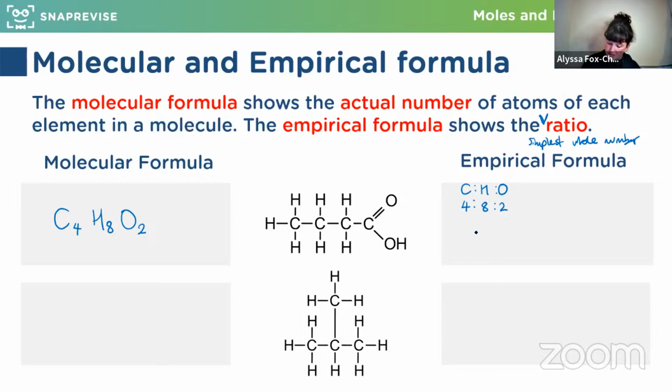The simplest ratio is 2 to 4 to 1. So the simplest whole number ratio of elements in this molecule is 2 carbons to 4 hydrogens to 1 oxygen. So here, the empirical formula is different to the molecular formula.